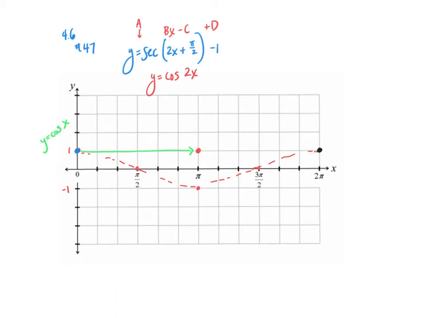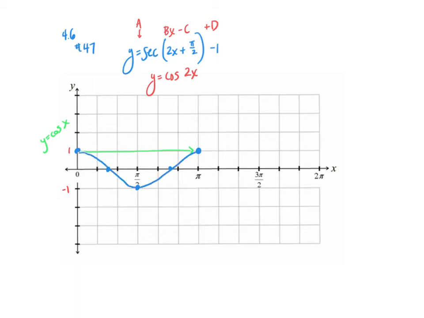Now I'm going to put some blue dots so that you know which ones I'm talking about. And then halfway in between, remember I went down to negative 1, and so I've got negative 1. And then I'm going to go 1/4 of the way to hit my intercepts. Now I'm going to erase that original cosine graph, and now I'm going to draw in the cosine of 2x.